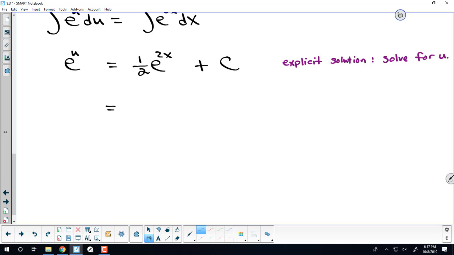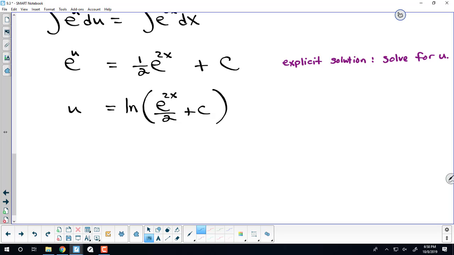It's the ln of e to the 2x over 2 plus c. So taking the ln of that to solve for u. Can you take the c out?